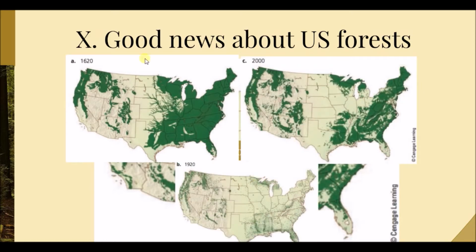So here we have 1620, 1920, and then 2000. Now, if you notice, the East Coast has definitely not gotten fully restored. However, if you look at the West, we actually have a lot of places where we have more forested area than we used to.